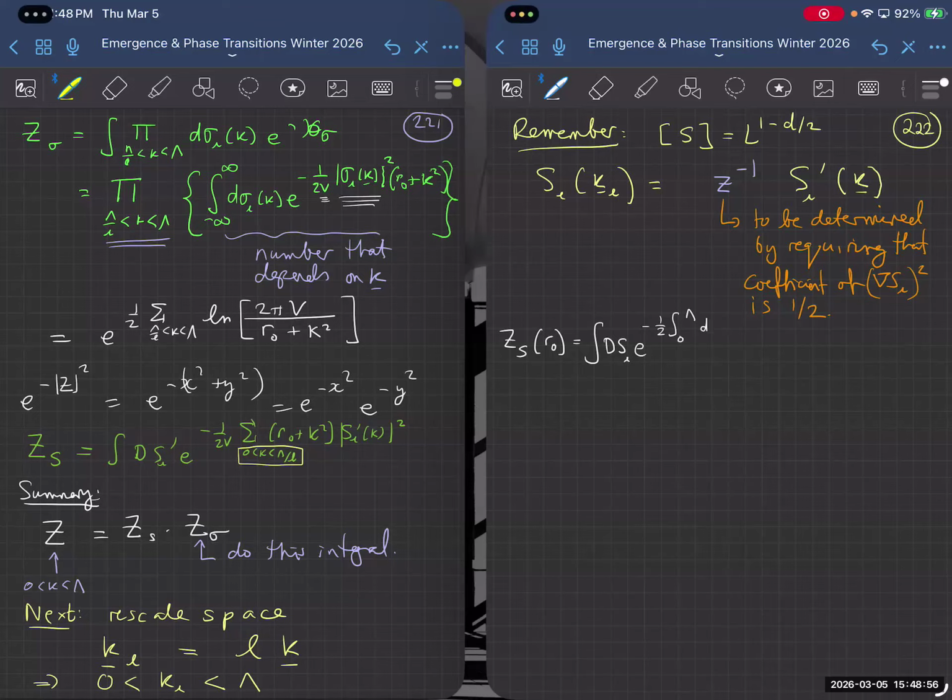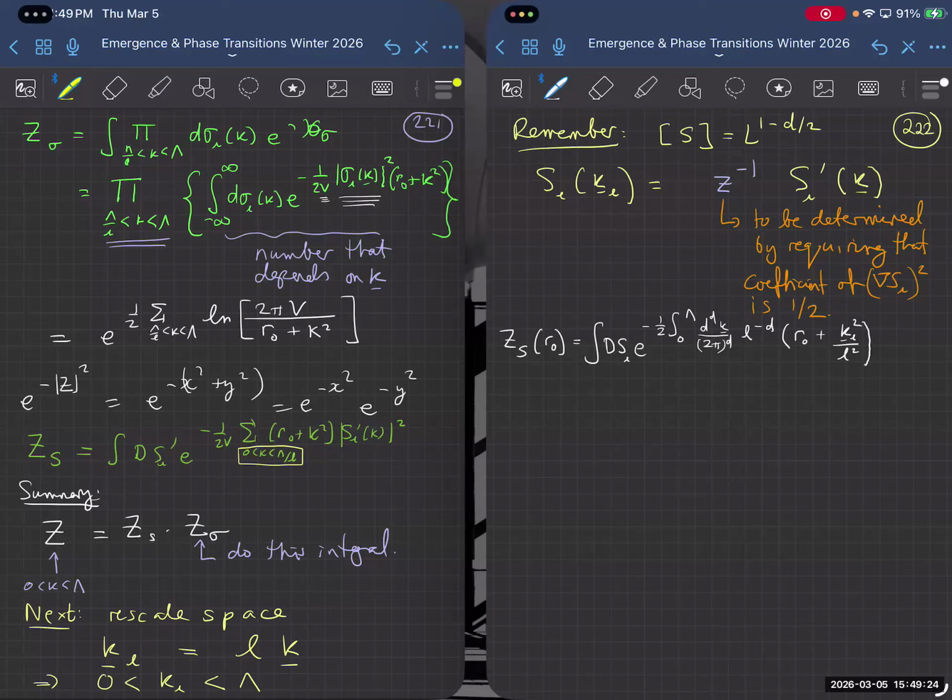So this is going to be dk over 2 pi to the d. Then I have a factor L to the minus d, which came from the rescaling on the left-hand panel. Then I have R0 plus KL squared over L squared.